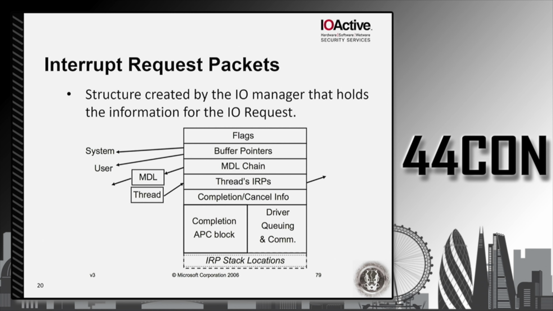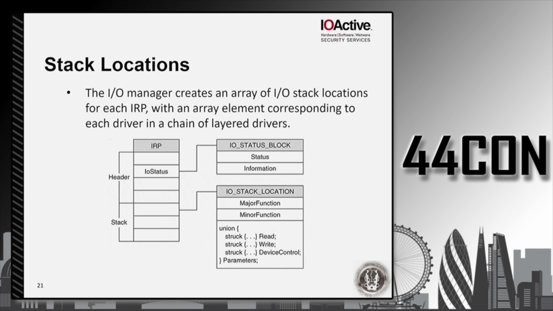The IRP has all the information necessary for the request, including the buffers and an array of stack locations. The stack locations hold more information about that particular request.